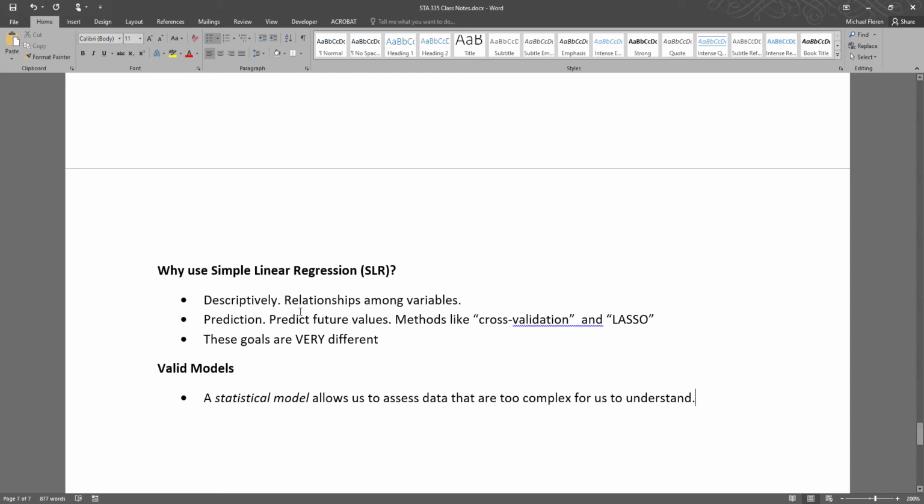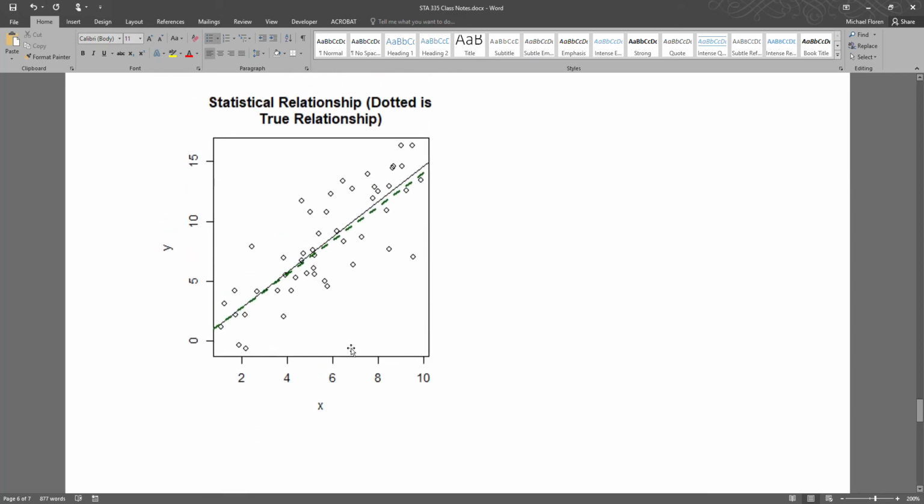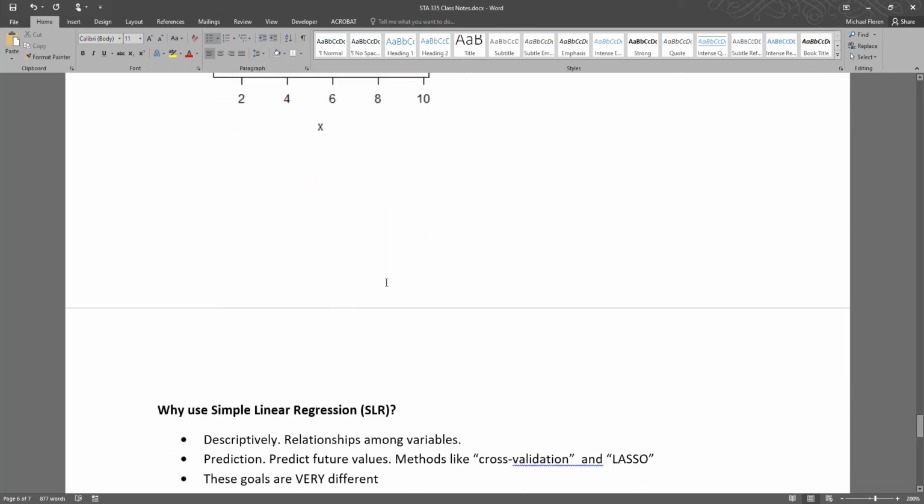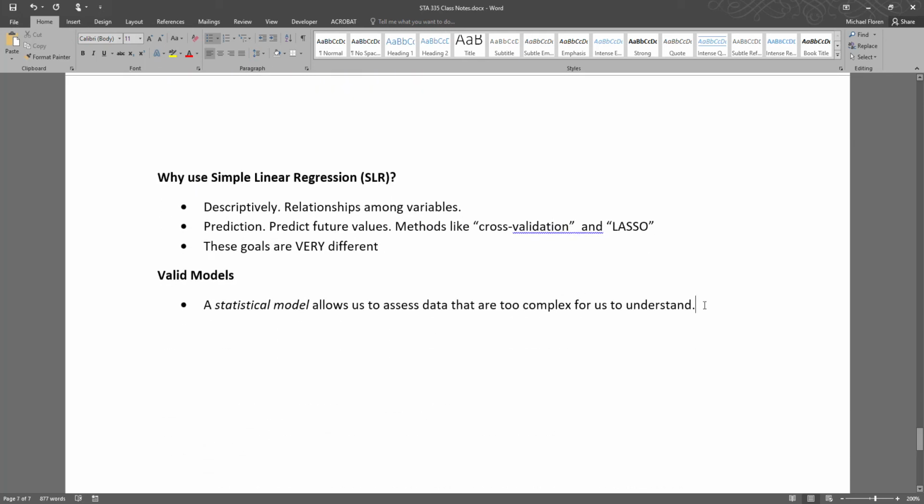Thinking about this, if I handed you an entire data sheet, you may not be able to look at all of the X and Y coordinates and then walk away with a meaningful understanding of what all of these data mean. Statistical models simplify this information.